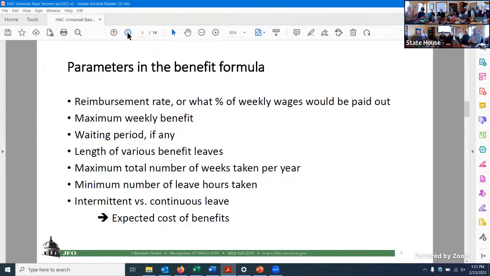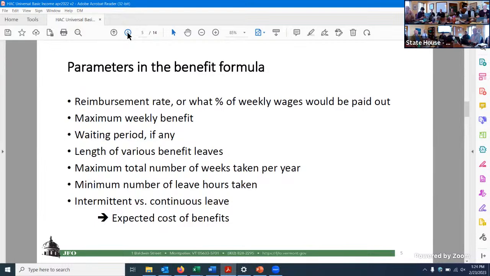So we have this 1 day that is the minimum number of leave hours that can be taken, but they can be spread over many weeks. 1 day a week, perhaps, for many weeks. Once we have all of those parameters set, and once we understand who is out there in the population who is eligible to take leave, then we can use a magic model, which we'll tell you more about in just a minute, in order to generate the expected cost of benefits.